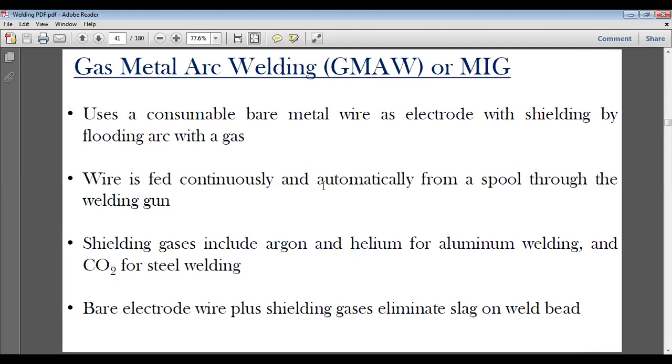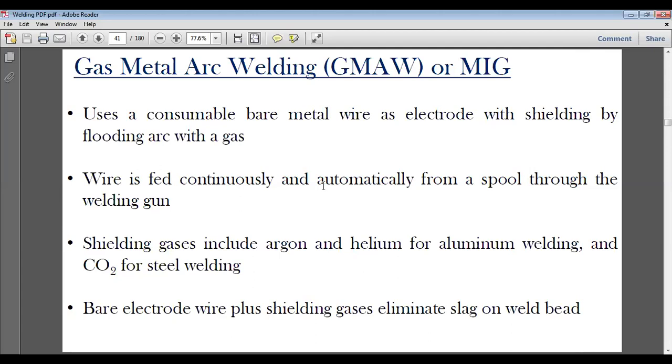Number one. Number two, we use a protective gas environment of inert gases, as we are discussing metal inert gas welding, MIG welding. So as a protection, we are using inert gas for shielding the molten metal from the environment.